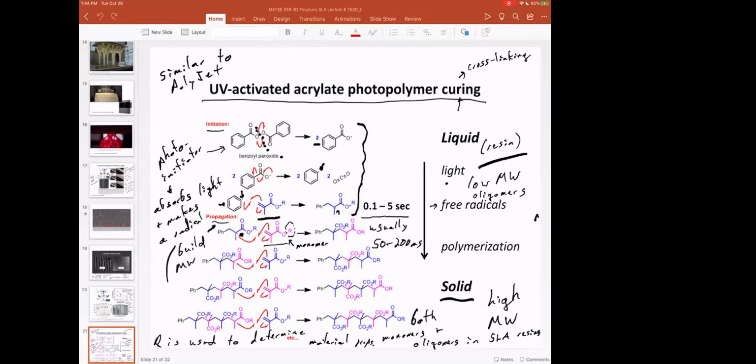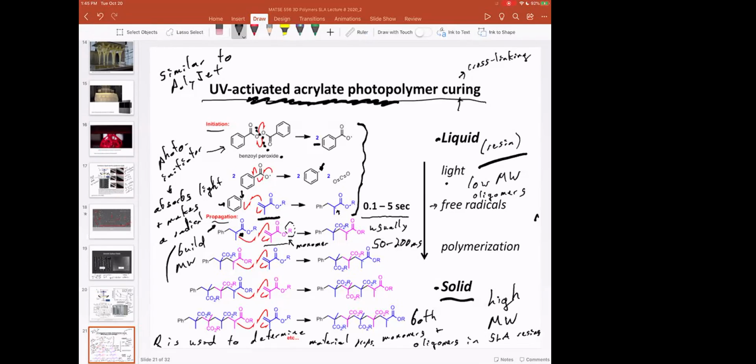You'll have to bear with some of the organic chemistry, and this is a messy slide, but just to remind you that in general, all of the 3D printing resins that we talk about are going to be UV activated acrylate photopolymers, and we're talking about liquid to solid transitions that happen very quickly in the SLA process.